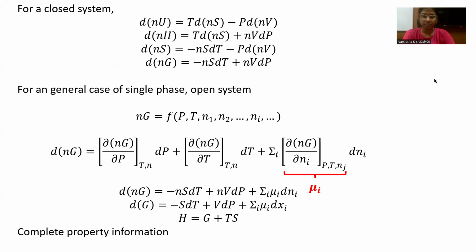Initially, we know these fundamental property relations for a closed system: dNU is equal to TdNS minus PdNV, and similarly for H, G, and A. But now, if I consider a two-phase system where this is liquid and this is gas, then each phase is an open system.